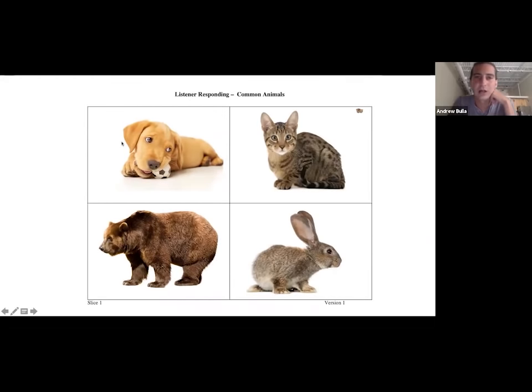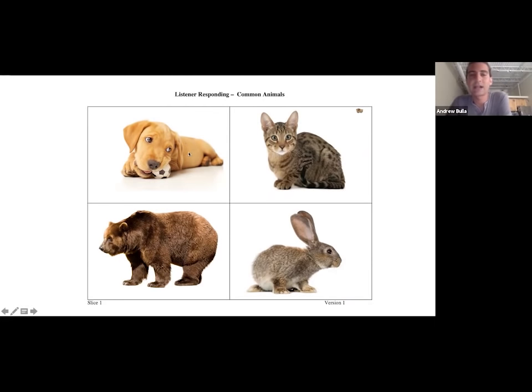Here's one for listener responding. So if I'm teaching a learner with autism how to point to the animal, I can still throw that in a less restrictive way by following the learner. So let's say that my mouse is the learner's finger.